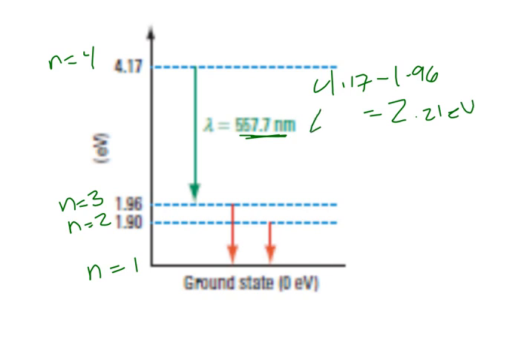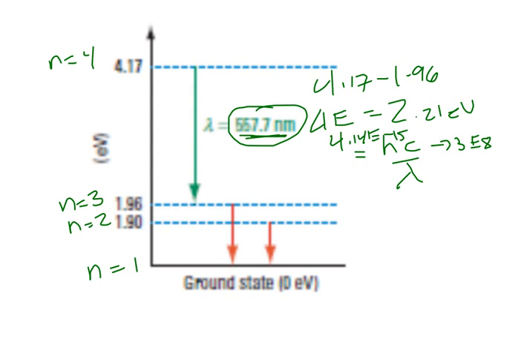That is the change in energy causing it to go from this state back down to this state. Well, that should be equal to hc over lambda. So again, c was the speed of light. H, I'll use the 4.14 number. And let's just calculate to see whether we get the exact same number they did here. Hopefully we do.